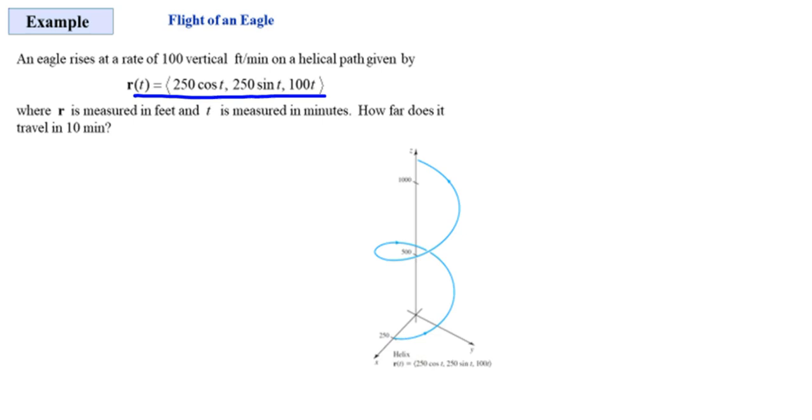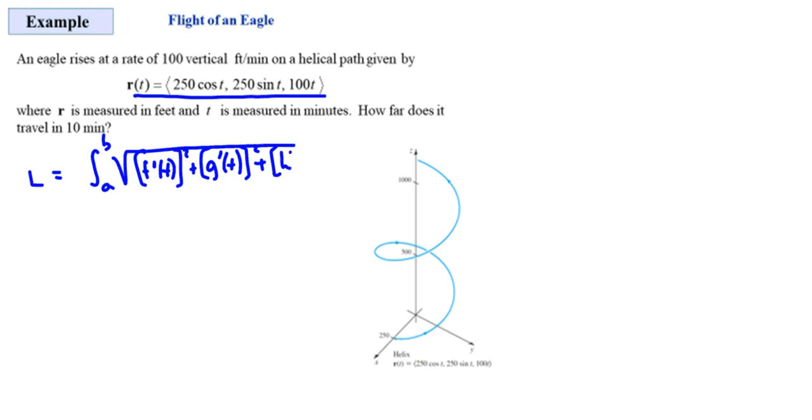And I know the formula, this is a three-dimensional vector valued function. So the arc length will be the integral over the interval from a to b, so whatever the values of t are that we're interested in. And then we're going to find the square root of f prime of t squared plus g prime of t squared plus h prime of t squared.